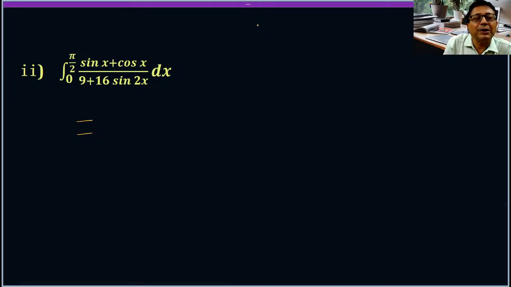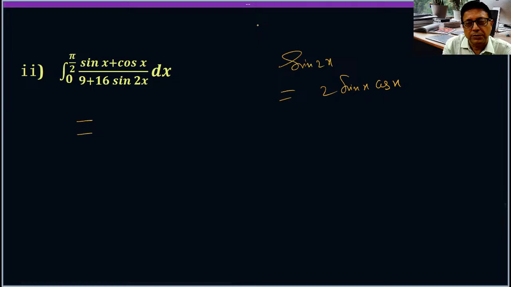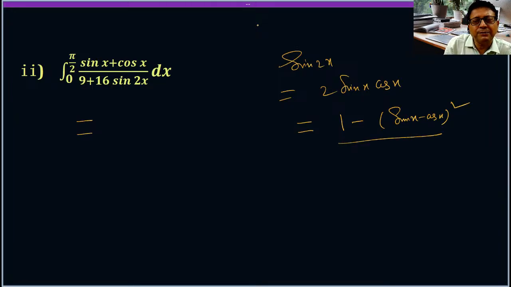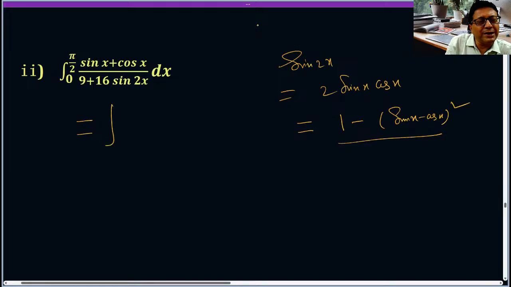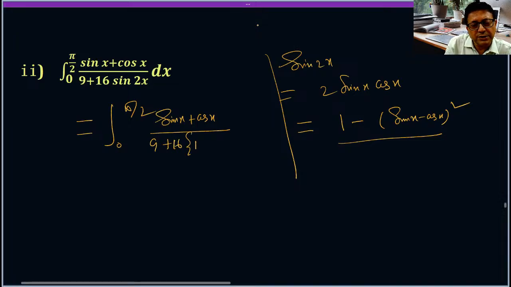So I am seeing one thing, that sin 2x we can write in the form of 2 sin x cos x. This is nothing but, isn't it, 1 minus sin x minus cos x whole square. Why I am writing this way? Our substitution will be easier for this sum if you write like this.